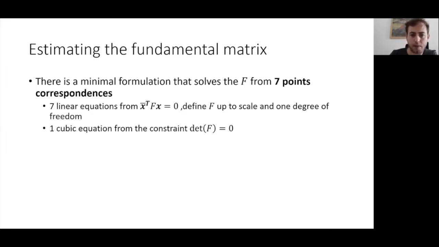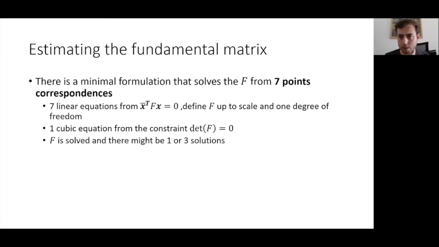So if we write F in terms of this unknown, and we write the equation that the determinant of F should be 0, and we expand this equation, we get a cubic equation in terms of this unknown entry, because it's the determinant of a 3x3 matrix. A cubic equation with one variable can have 1 or 3 real solutions.